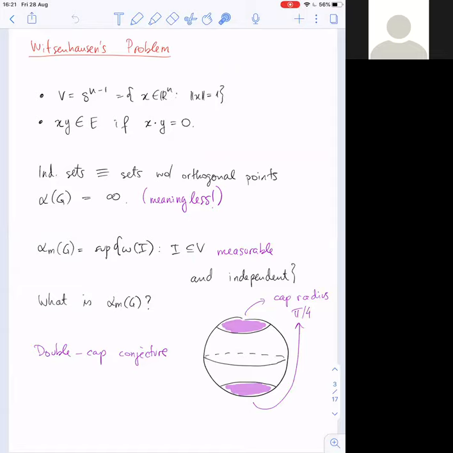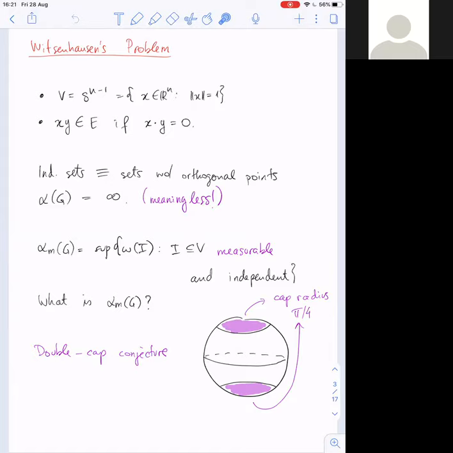So Witsenhausen's problem is determining what is this measurable independence number. And there is a nice conjecture by Gil Kalai, the double cap conjecture, which says that the optimal solution, the best possible independent set, the largest one in this problem, is just two antipodal spherical caps of radius pi over 4.